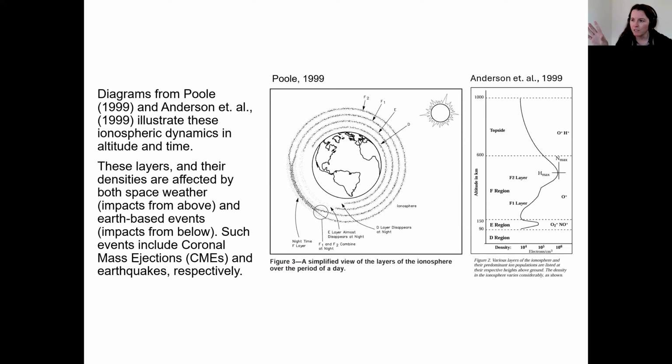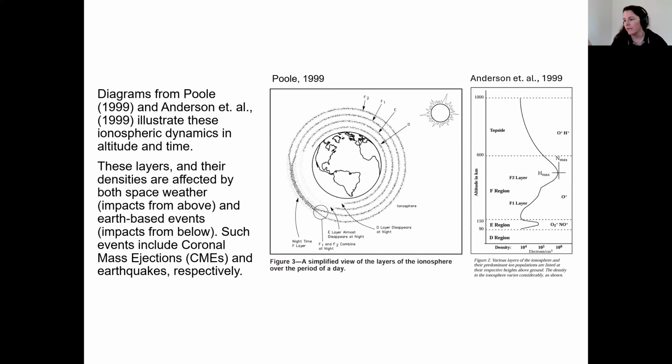You can see in the illustration from Pool, during the day we have four distinct layers of different densities and chemical components: D, E, F1, F2. At night, D and E disappear, going back into the neutral atmosphere, and F1 and F2 combine to F. So there's a daily cycle that we see in ionospheric behavior.